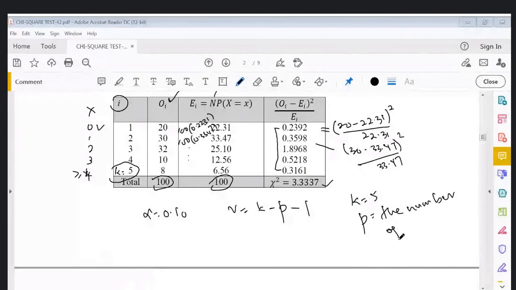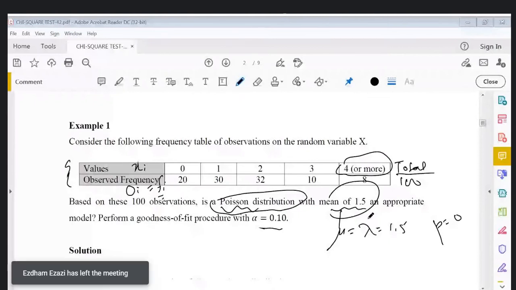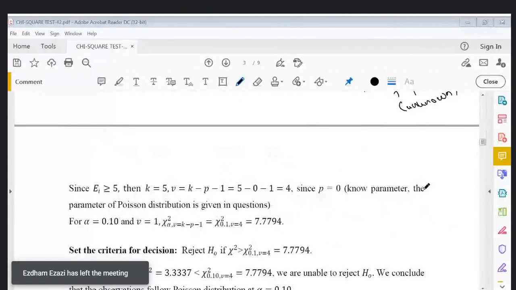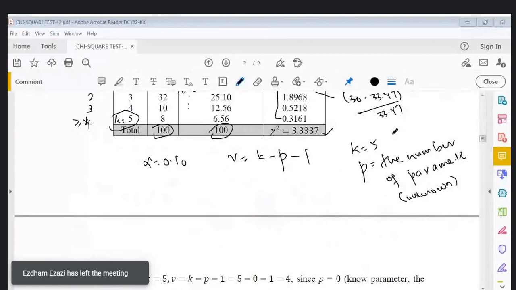We put P is 0 because lambda is given. Okay, we can get K is 5 minus 0 minus 1, V is 4. After that, look from the table, chi-square 0.1 and V is 4.